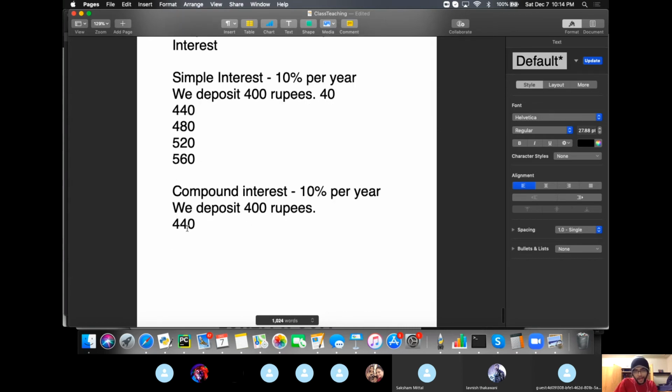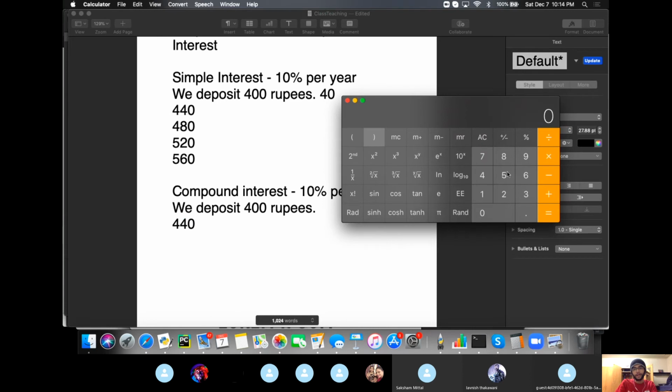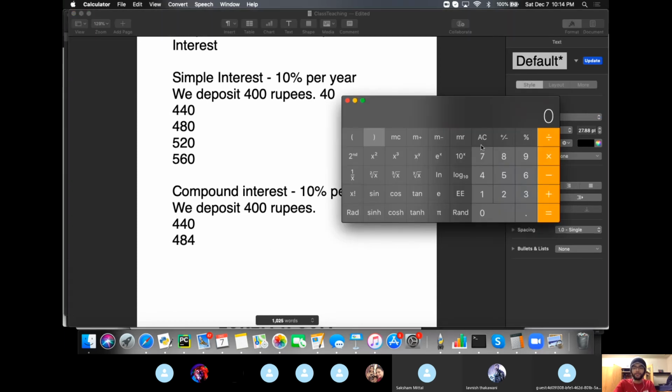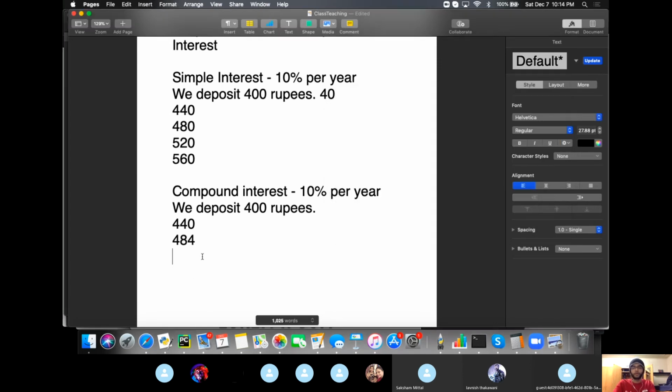It will add 10% of this. What is 10% of this? 440 divided by 10, which is 44. So it will add 44 to this, and that becomes 484. Then it will add 10% of that, which is 48.4.